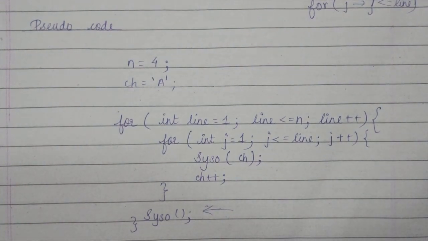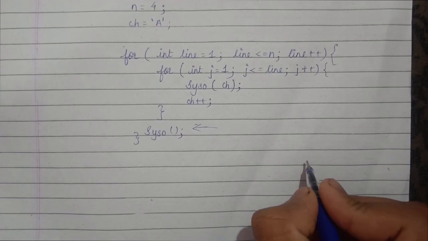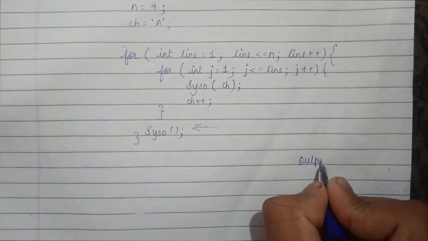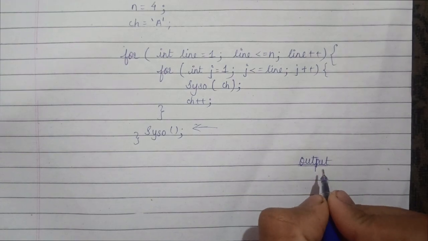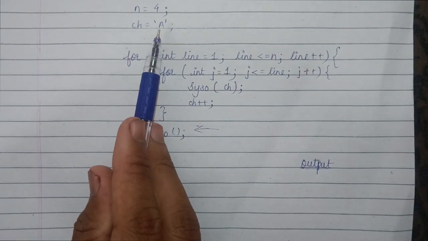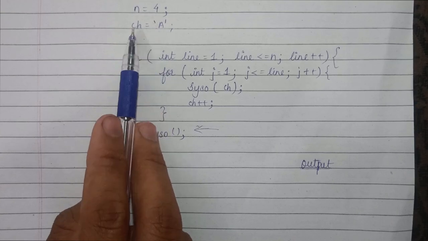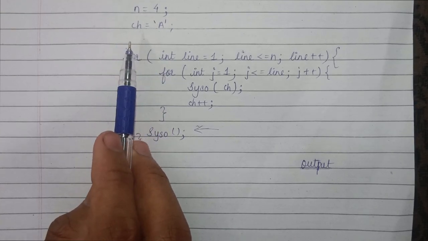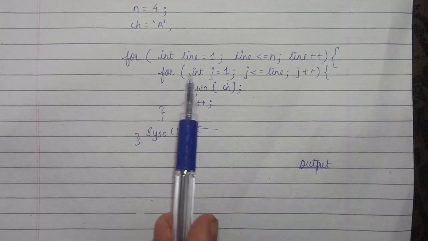So let's dry run this code now. I'm writing the output of the code. I've initialized two variables, n and character. Then the outer loop starts.